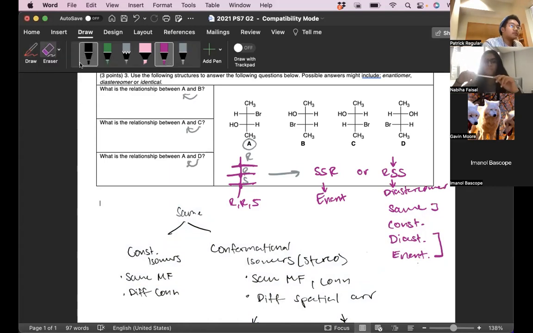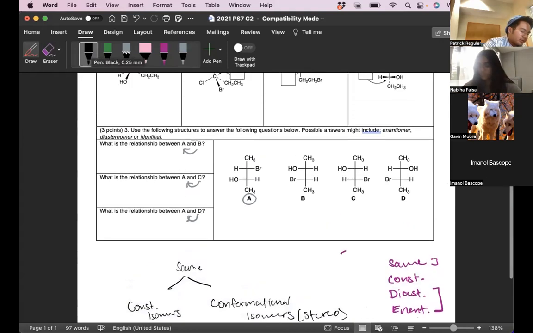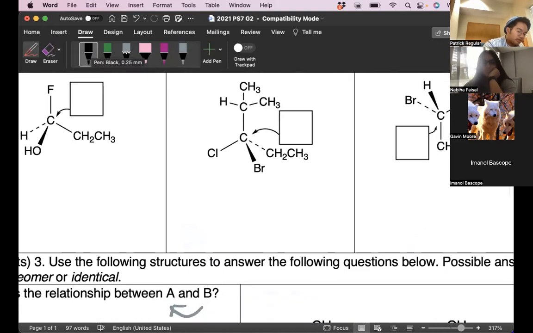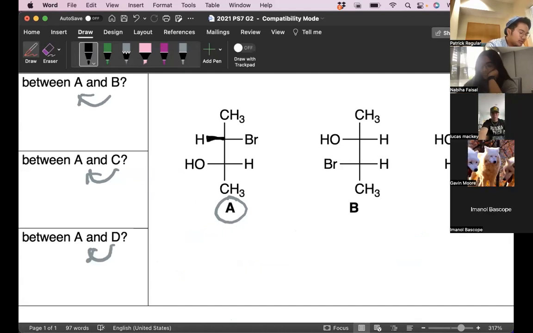Let's go ahead and just work this out. For this one, this is wedged, this is dotted. I would number them. This is 1. That's obviously 4. This carbon's connected to an O, so this would be 2, and this top one would be 3.